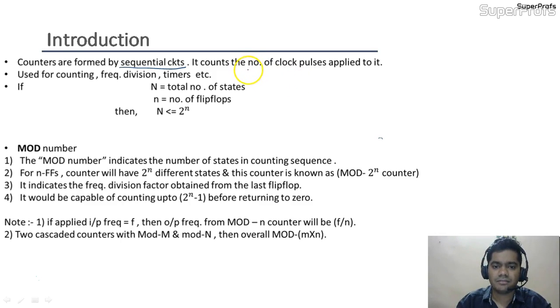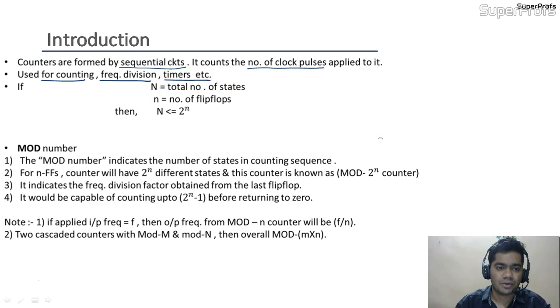And by our modification, we can change the mod number or the counting of clock pulses of the counter. So basically, it counts the number of clock pulses applied to it. The uses of counters are for counting, which is its basic use, frequency division, and in timers. So we are going to see how it is used in frequency division and timers.